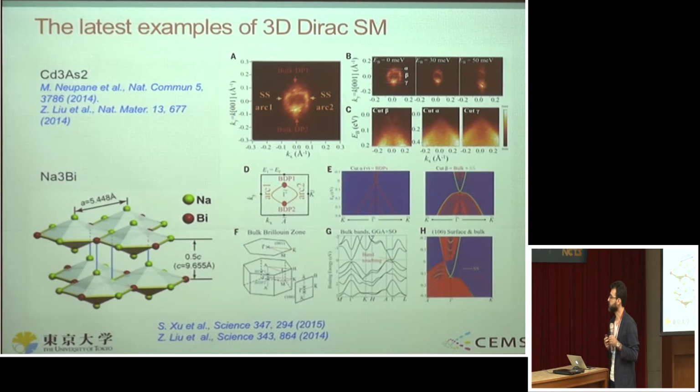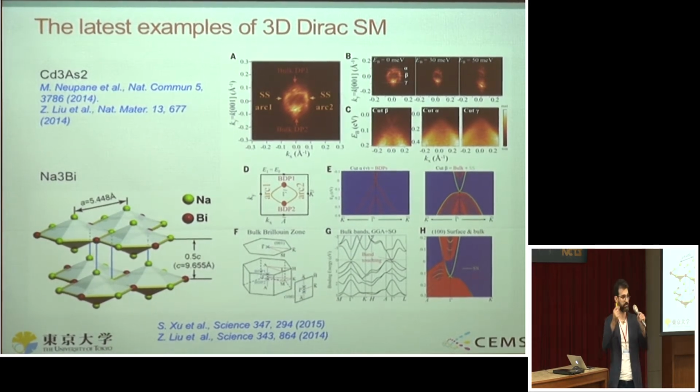Recently, there have been some reports about other Dirac semimetals, like cadmium arsenide and sodium bismuth, where you still have these beautiful Dirac cones at some arbitrary k points along the gamma-A direction here. When you look at the arcs, due to the presence of these topological Dirac cones, you will have two Fermi arcs connecting the Dirac points from here to here.